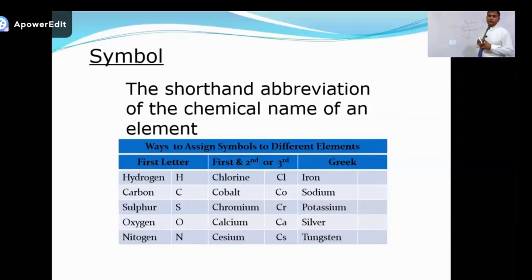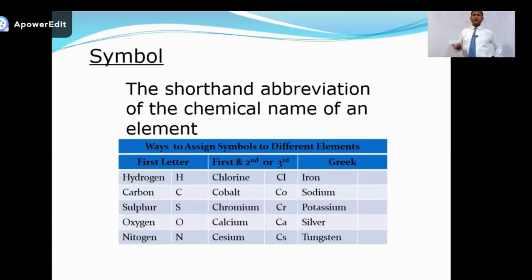So what is the next rule? That beside the first letter, another letter could be used. As you can see on the screen, chlorine, cobalt, chromium, calcium, cesium, all start with C. So to avoid confusion, we write the second or third letter.